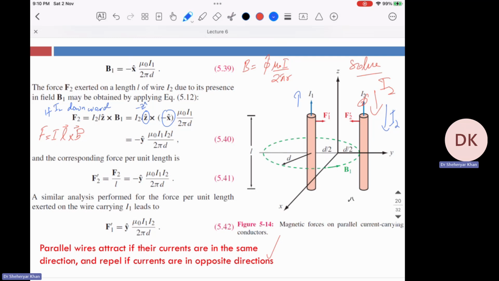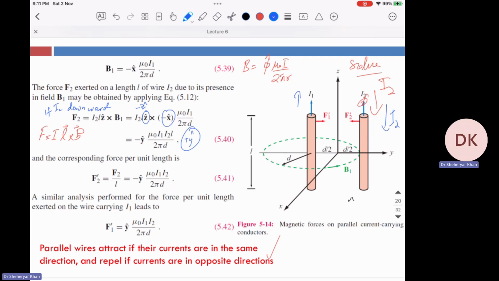And then it will become positive y, right? And the other force is still in the same direction. Okay. That means that now both are moving along the y direction. So they will repel.